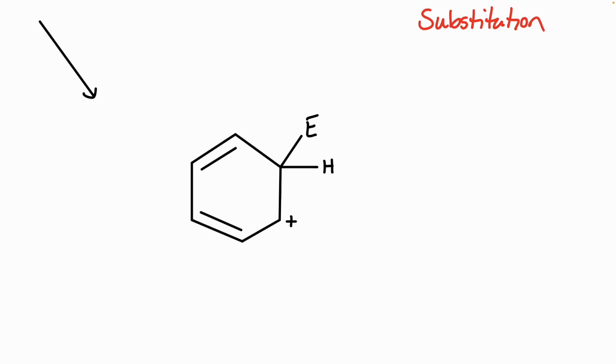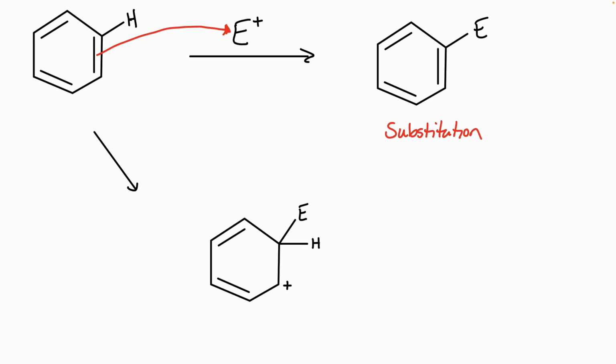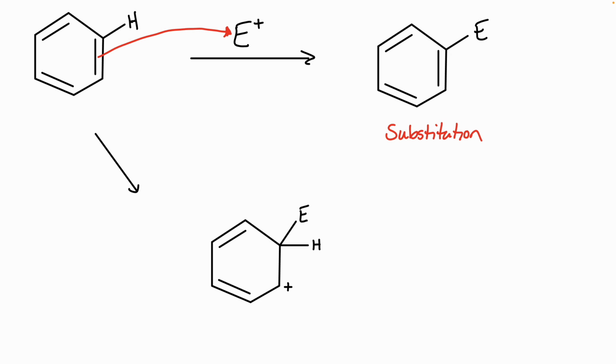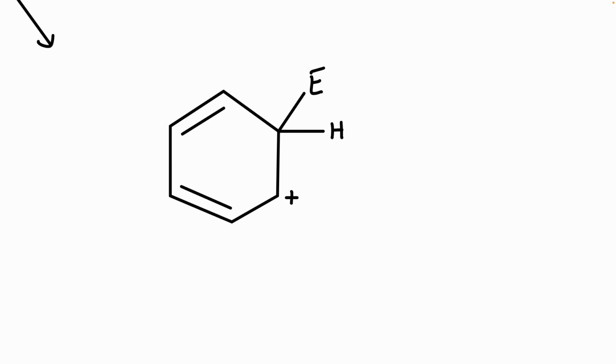Okay? So in the last step here, we need to reform our aromatic compound. We need to reform our pi bond. So importantly, where does that pair of electrons come from? It was what was keeping that hydrogen attached. All right. In general, we don't like hydrogens to just go flying off into space.